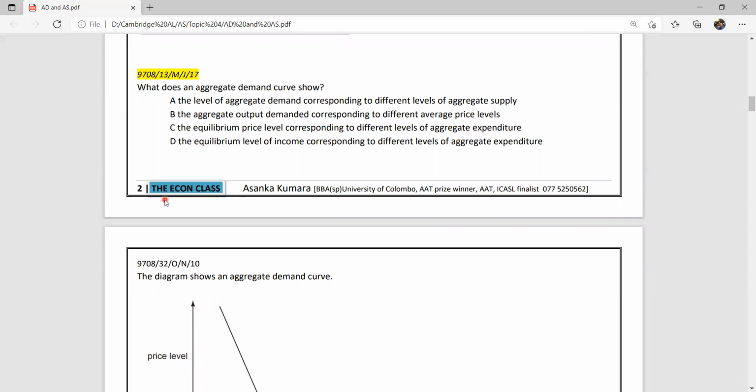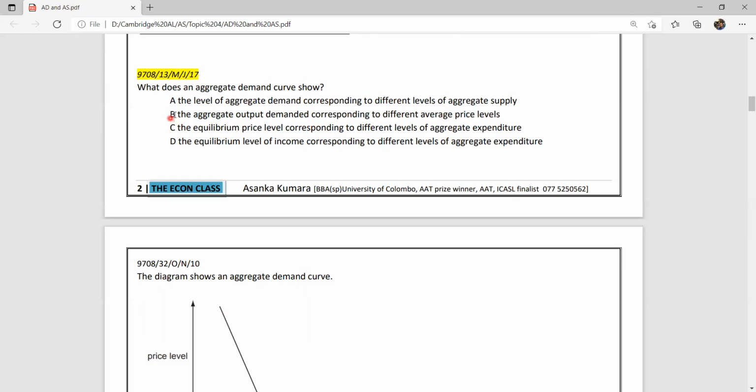Actually, the aggregate demand curve represents the total demand for goods and services which are demanded by all the people at different price levels. The options: the level of aggregate demand corresponding to different levels of aggregate supply; the aggregate output demanded corresponding to different average price levels; the equilibrium price level corresponding to different levels of aggregate expenditure; the equilibrium level of income corresponding to different levels of aggregate expenditure.